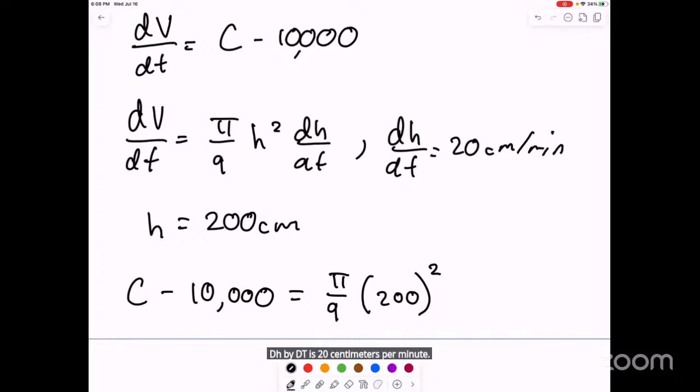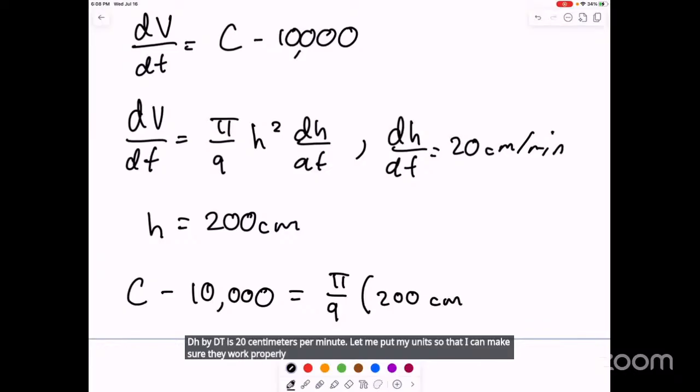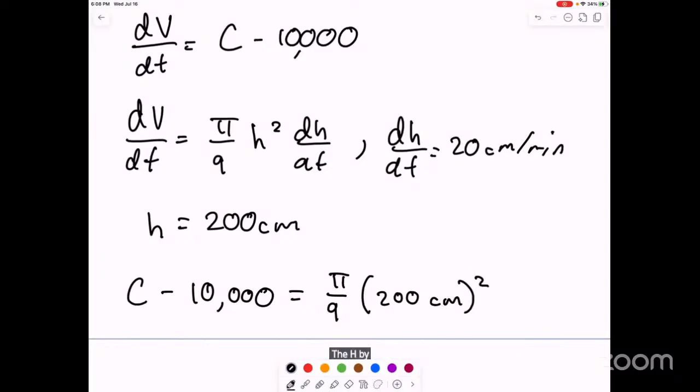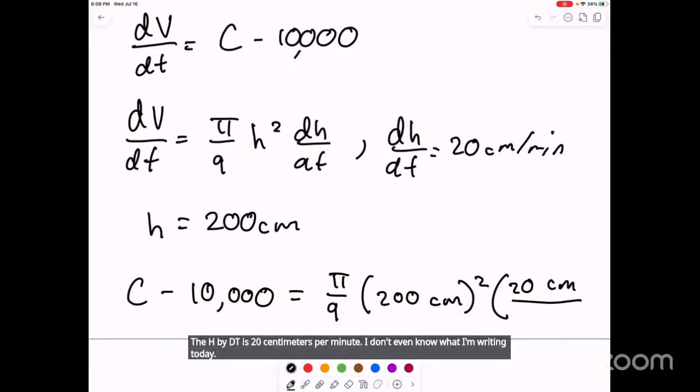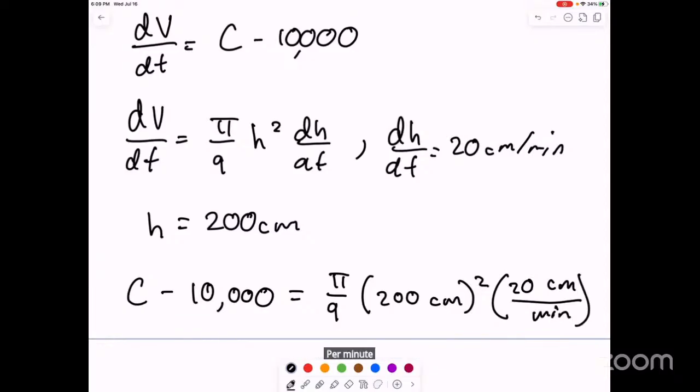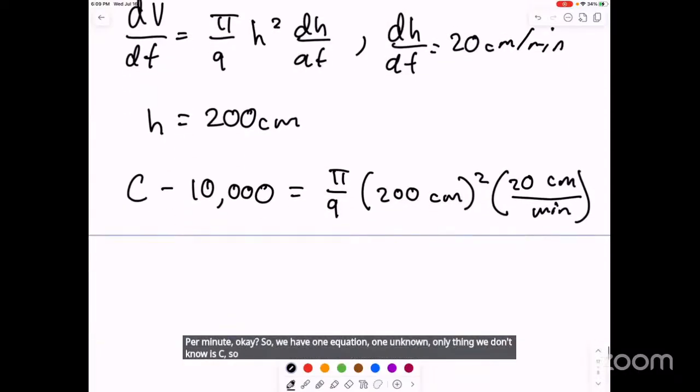Let me put my units so that I can make sure they work properly. So centimeters squared, 20 centimeters per minute. So we have one equation, one unknown. The only thing we don't know is c. So from there it is algebra.